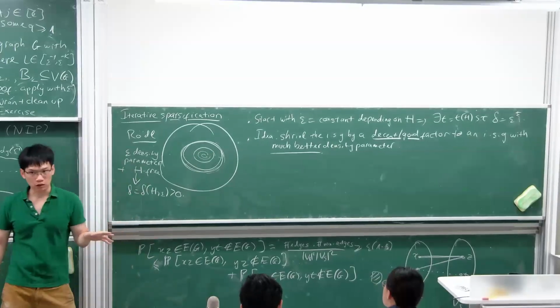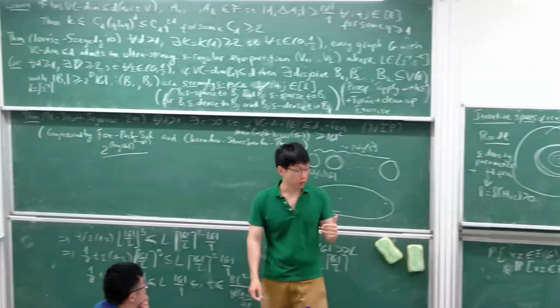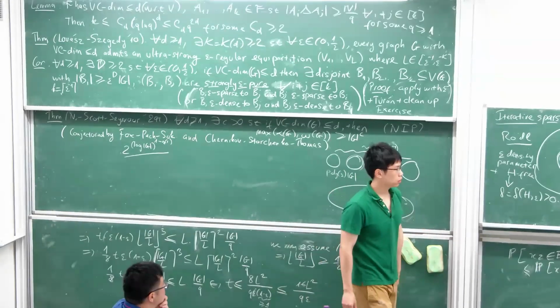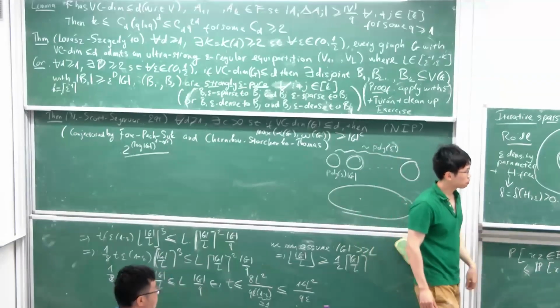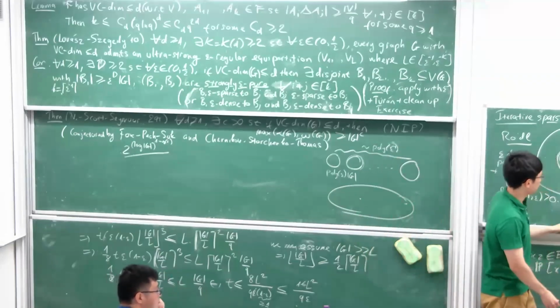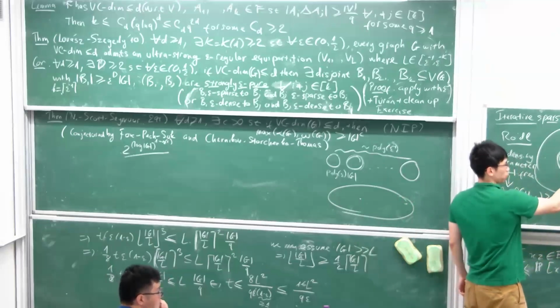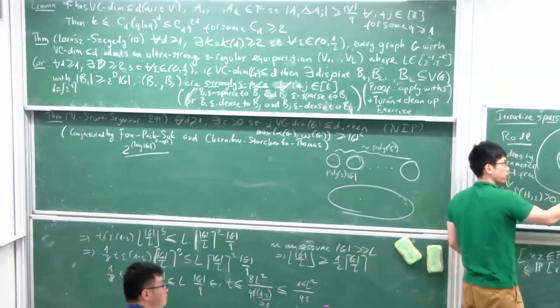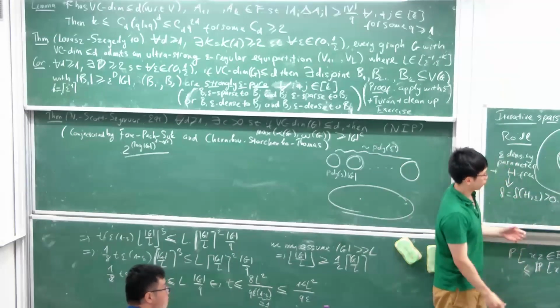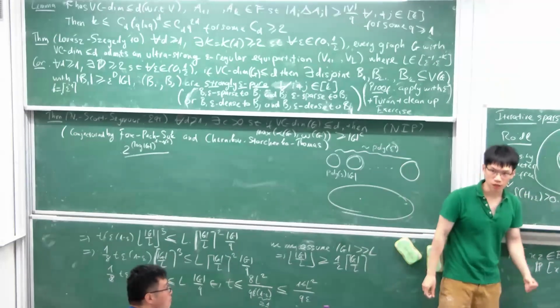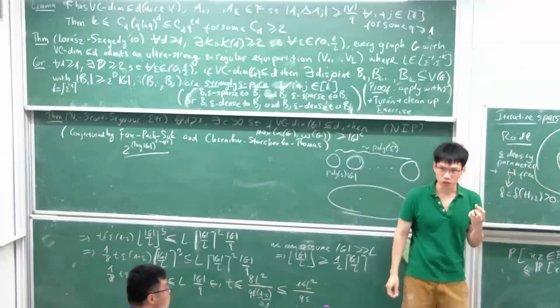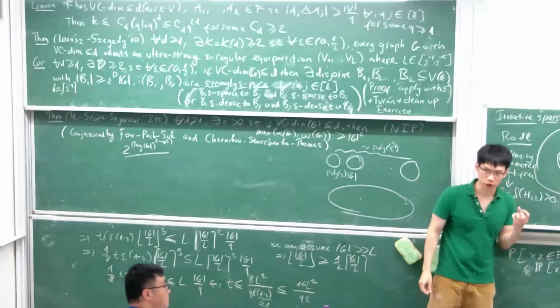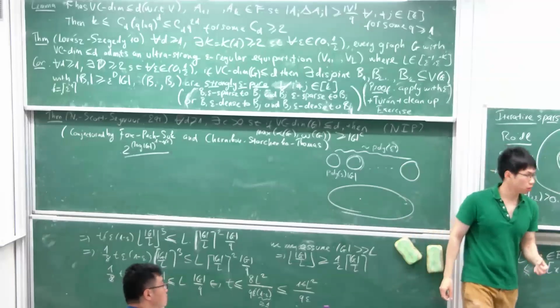The amount that we lose is going to be comparable to the new density parameter every time. At the end, you're going to hope that at some point the induced subgraph, even though very small, would at the same time be super sparse or super dense, so that we can get a large clique or independent set.